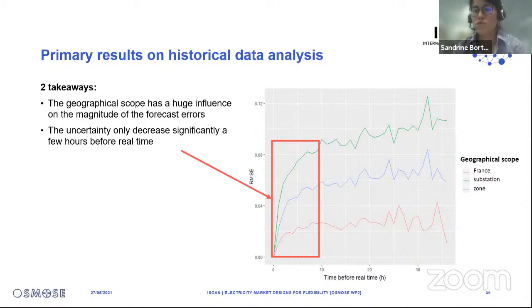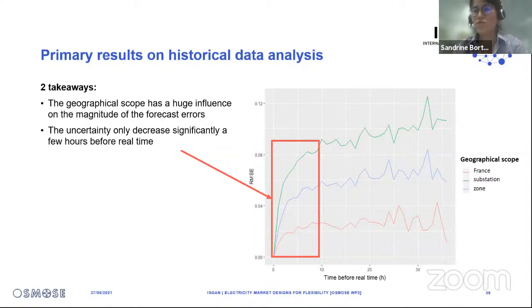But what is also really interesting in the renewables is that the uncertainty only decreases a few hours before real time. Here you see that before 10 hours before real time, your uncertainty does not really decrease very fast. It will decrease very fast only a few hours before real time.